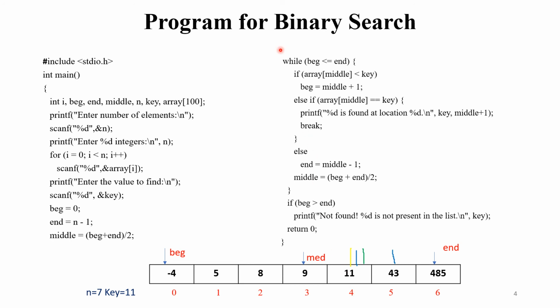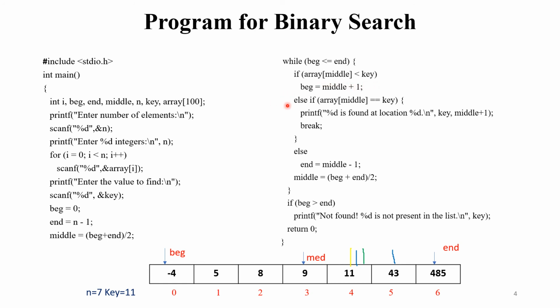So we repeat this procedure while beginning is less than or equal to end. Here beginning is 4, less than or equal to end, which is 4. So 4 is less than or equal to 4. This condition is true. Now we check if array of middle is less than key. Here array of middle is 11 and key is also 11. So 11 less than 11, this condition is false.